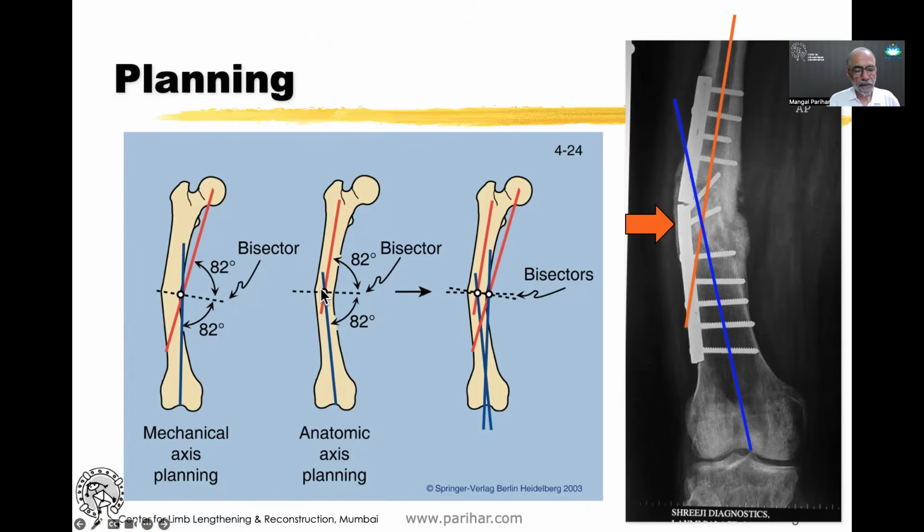Both of them will give us the same point of intersection or at the same level. And this is known as the CORA, the center of rotation of angulation.